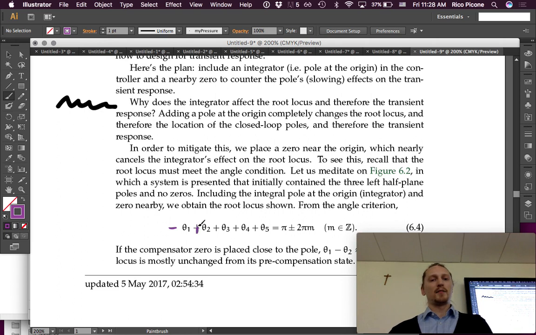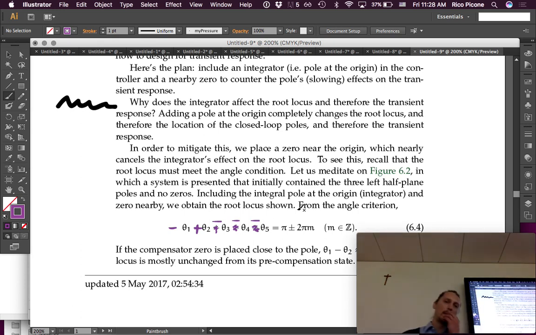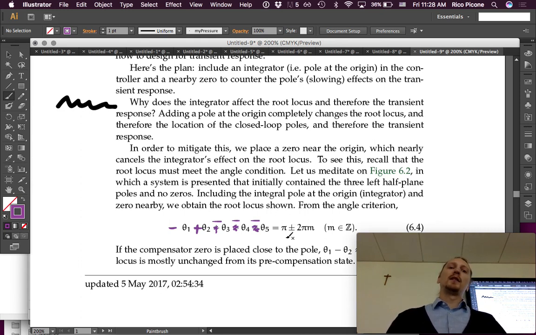So that is plus theta 2. And then all of the other angles are negative because they're all poles, right? So this is minus, this is minus, this is minus. Okay? So that sum has to equal 180 degrees plus or minus integer multiples of 2 pi.